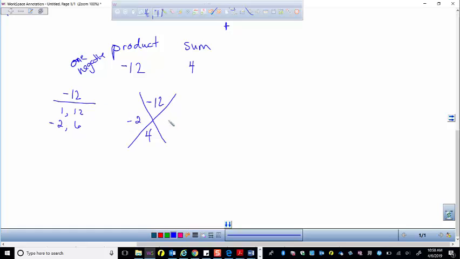I'm going to put 2 negative here and 6 positive. Because when you add, if I take negative 2 plus 6, that equals 4. So those are my factors. My factors to make this product negative 12 and the sum 4 would be positive 6 and negative 2.